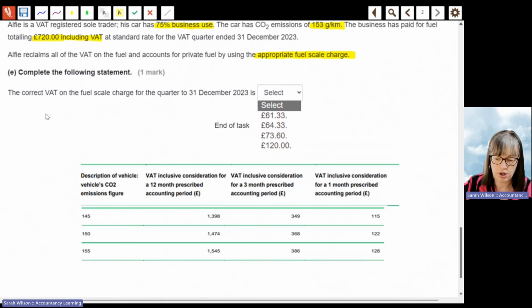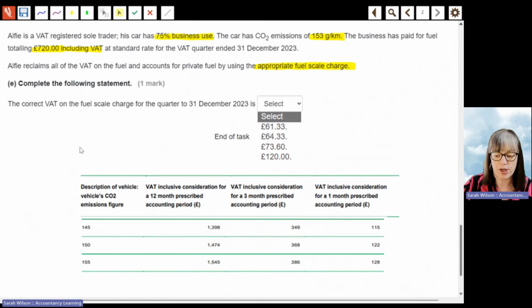So let's have a look at what we're given. So first of all, because we're using the fuel scale charge, we need to take the emissions into account. So we round down our emissions when we're looking at the fuel scale charge. So we've got 153. So that's going to fall into this line here of 150.